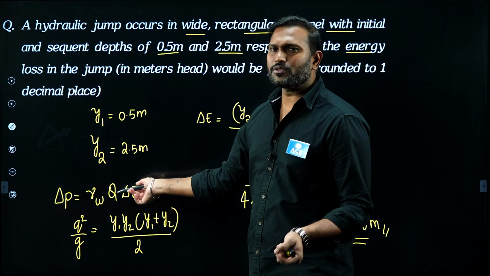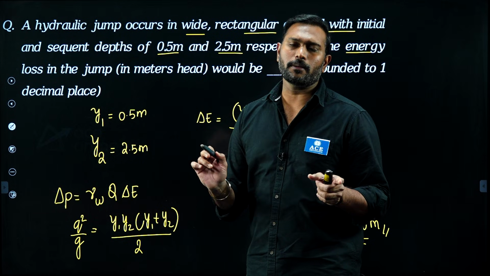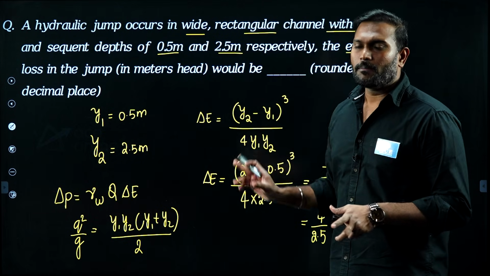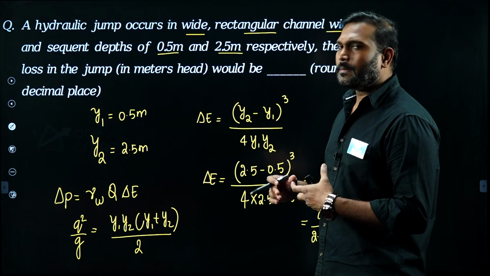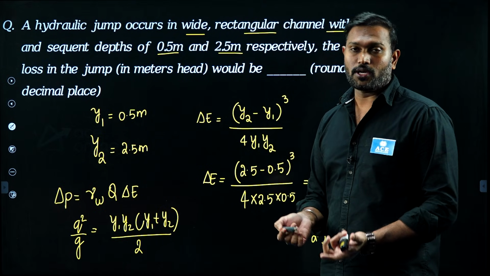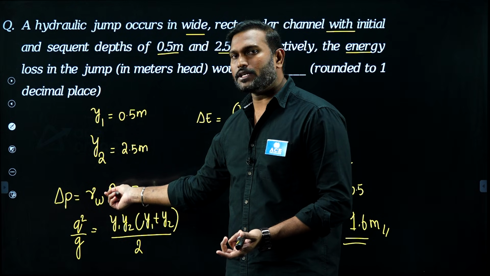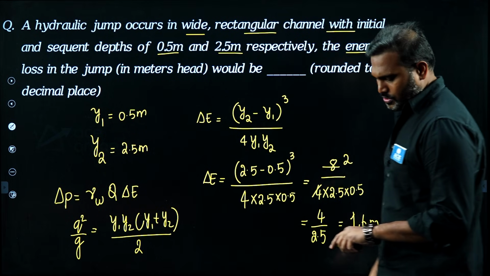Substitute that small q also and you will get the result in kilowatt per meter. For a 1 mark question, we can expect the energy loss, but for a 2 marks question they will ask the power loss also. First find the energy loss, then find the discharge, as you know y1 and y2. That's about this question.